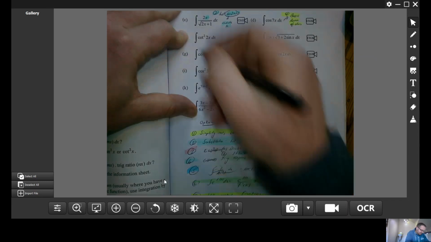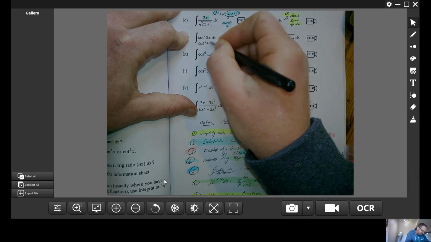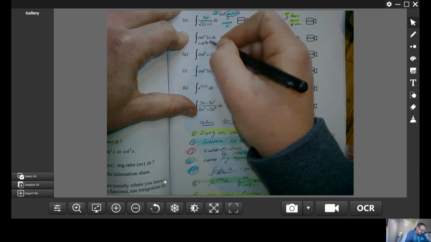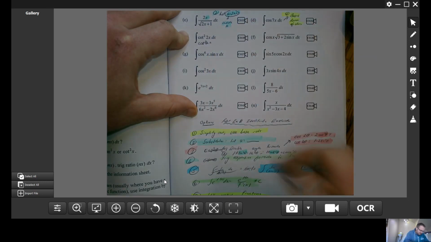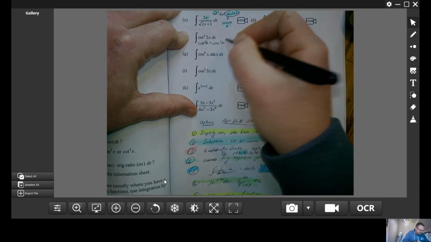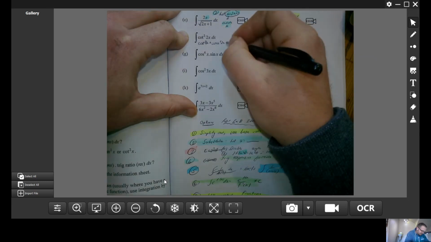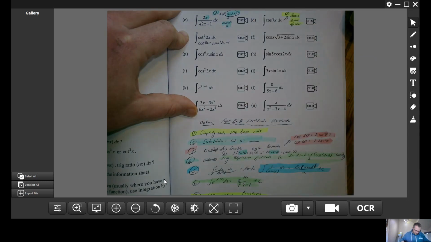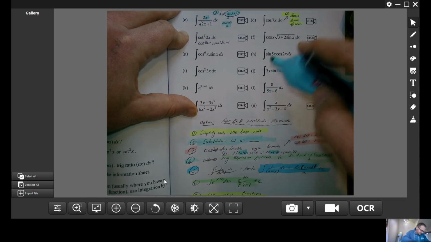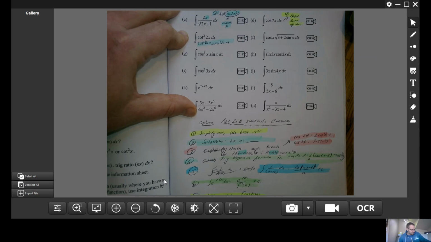So the key idea is that cot squared of an angle is equal to cosec squared of that same angle minus 1, in this case 2x. Cot squared 2x is going to be equal to cosec squared 2x minus 1. So you're going to replace cot squared with that over there, and then you're going to do your integration.